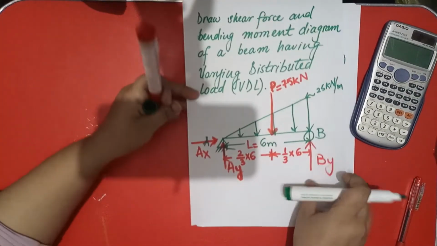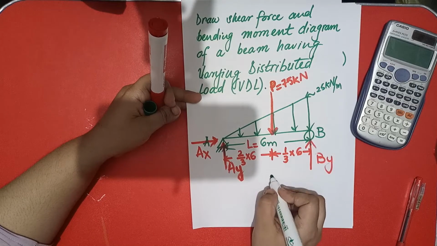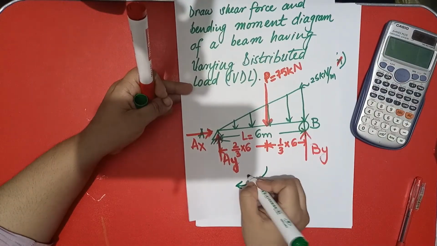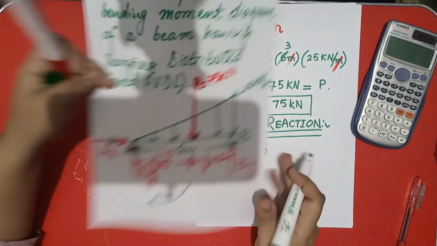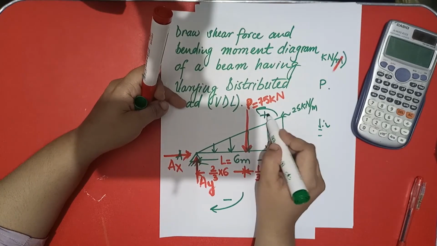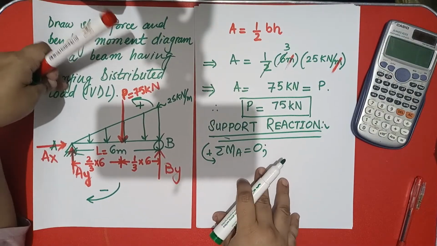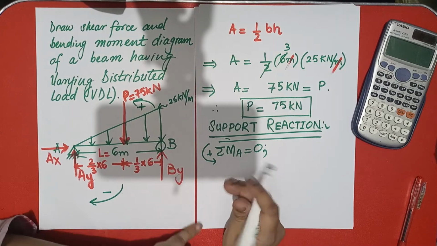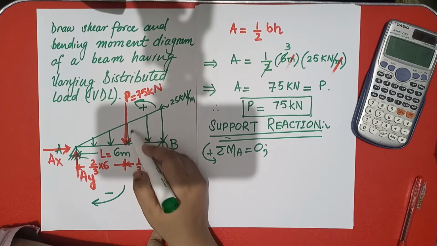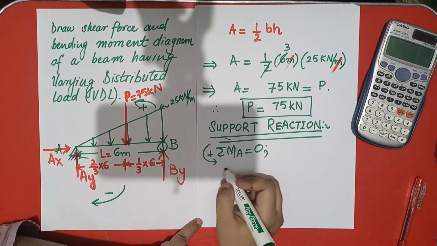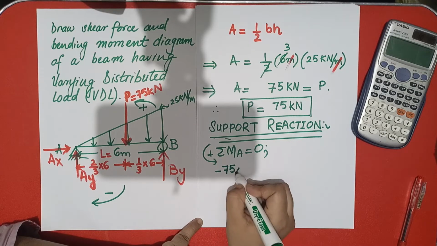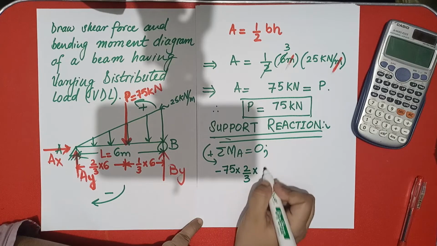So let's have a start. We are going to sum up the moment, and when I rotate this force P about A, it is negative because I have supposed this one is positive. And when I rotate BY, it will be positive because it is in the same direction I have supposed. So you can see, I have to multiply P with 2/3 into 6. So it should be minus 75 into 2/3 into 6.